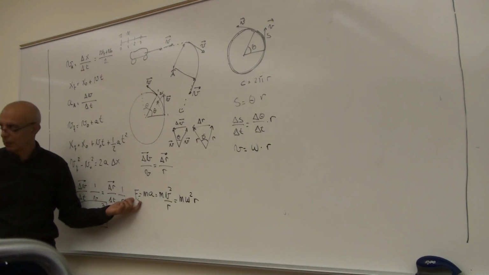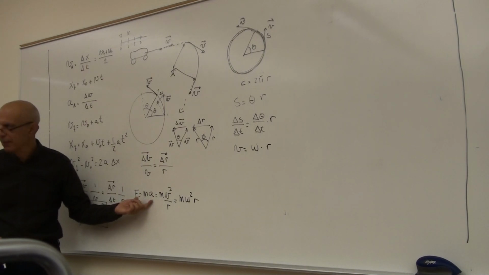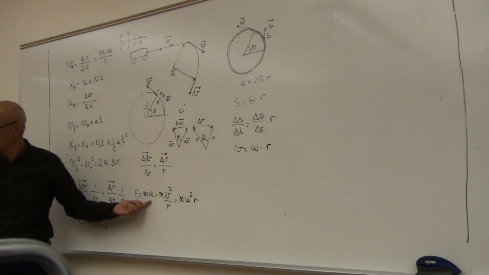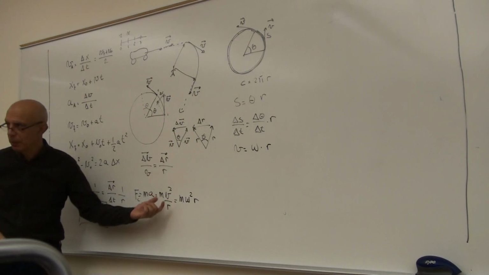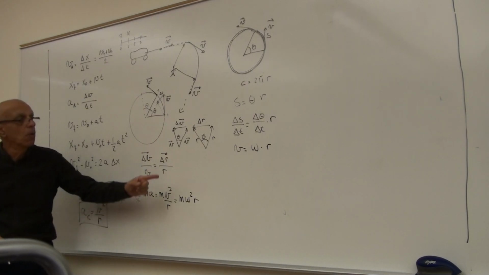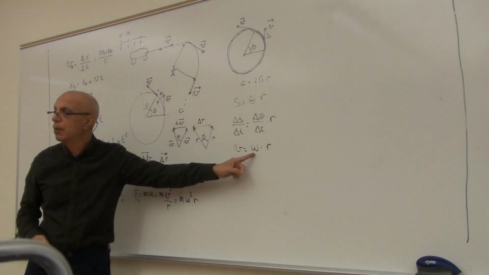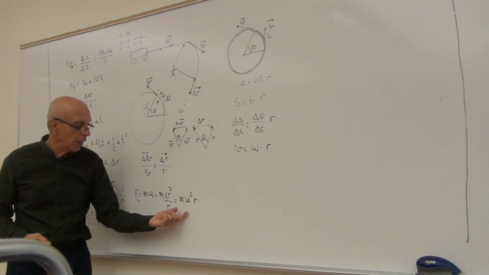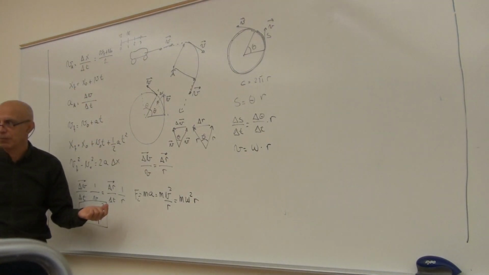The formula for centripetal force is equal to ma. That's Newton's second law: force is proportional to acceleration. This is the centripetal acceleration, v squared over r. We know v is related to omega r, and when I plug that in here, I have this other form.